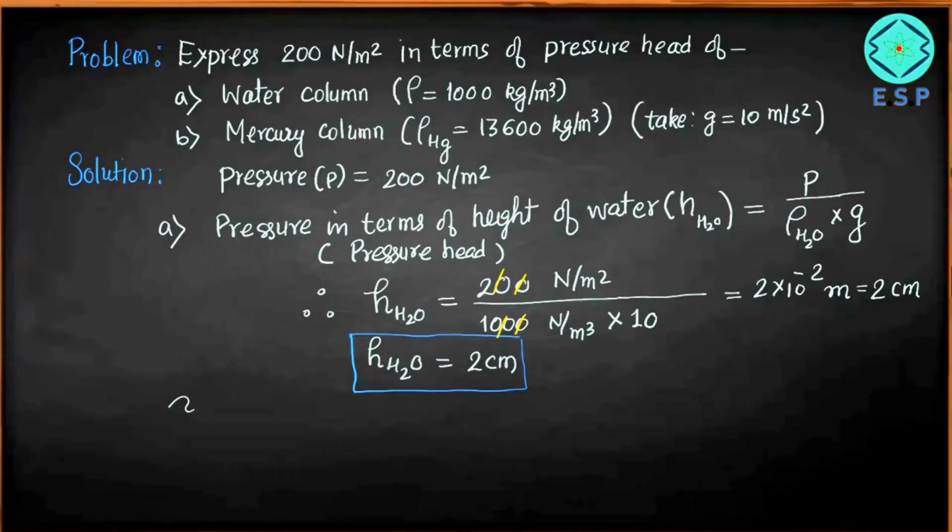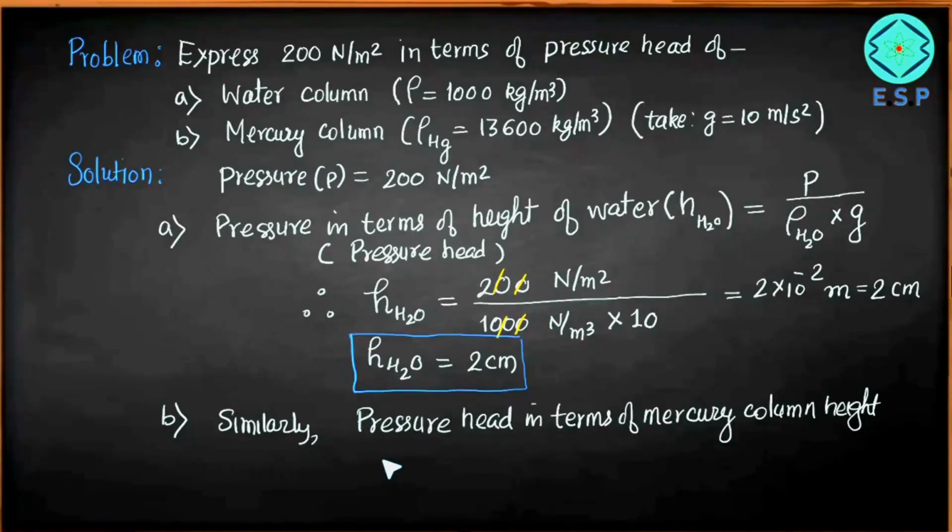Now I'll take the second part, where I have to find the pressure head in terms of mercury column. Similarly, I can find the pressure head in terms of mercury column, and that will be H of Hg. Hg stands for mercury, friends. That is P divided by rho mercury into gravitational acceleration.